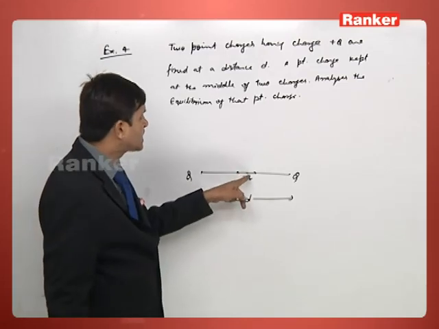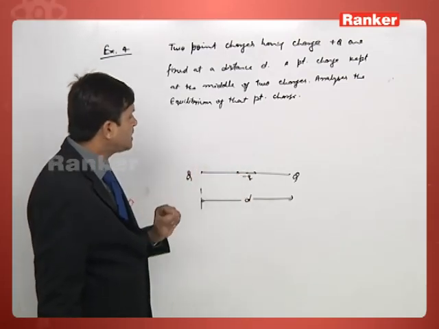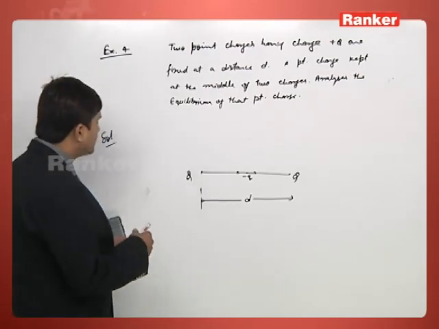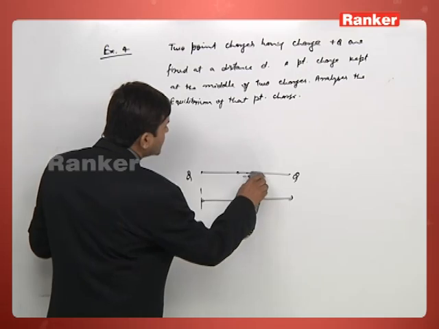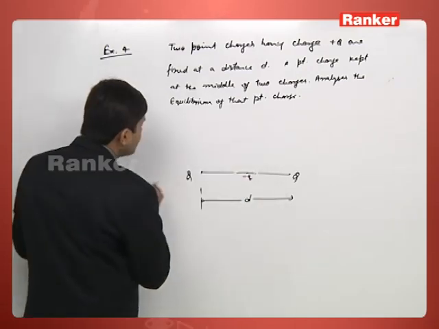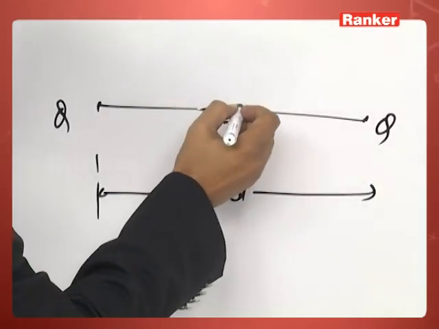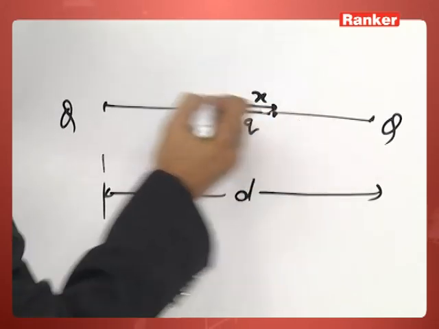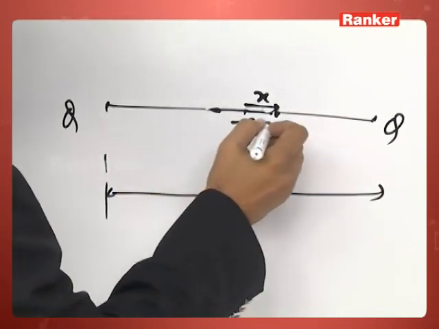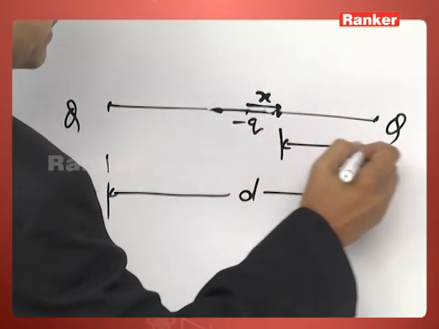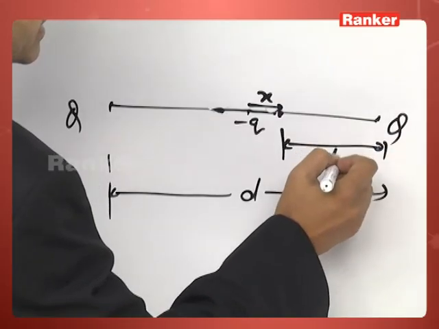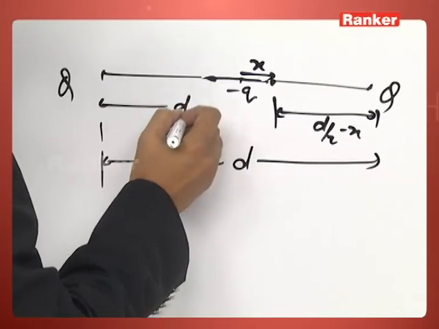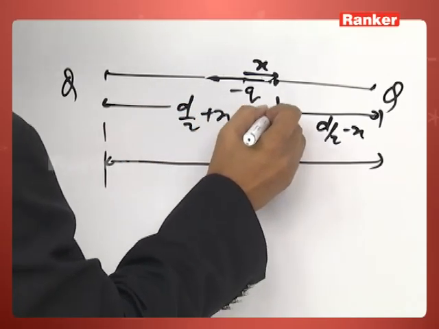It means at this position the particle is in equilibrium. But if we have to see the type of equilibrium, it means now the charged particle is slightly displaced. If we displace the charged particle by, let's say, x amount, then what will happen when it reaches here? The distance of the charged particle from this charge will be d by 2 minus x, and from this charge it is d by 2 plus x.